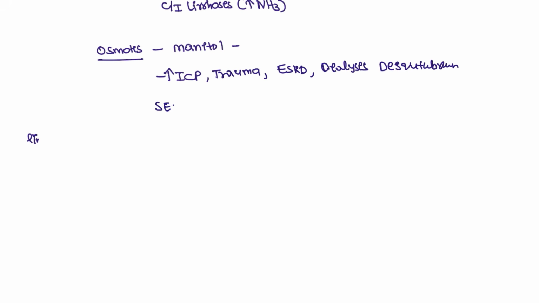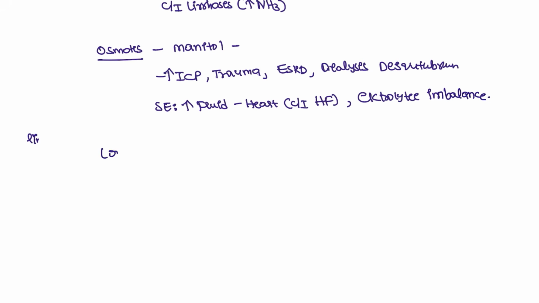Next, what are the side effects? The patient can have increased fluid in the heart, so that's why this is contraindicated in heart failure patients. Along with that, electrolyte imbalance is seen with this drug.